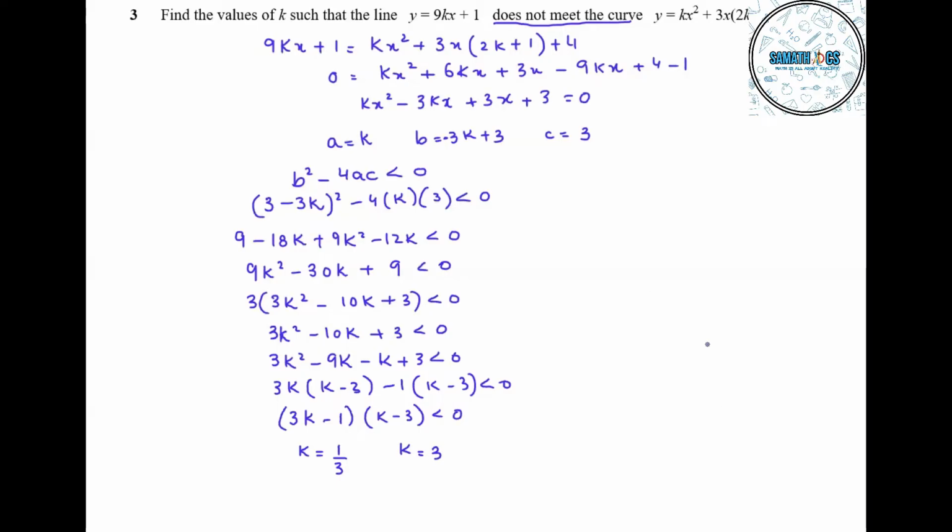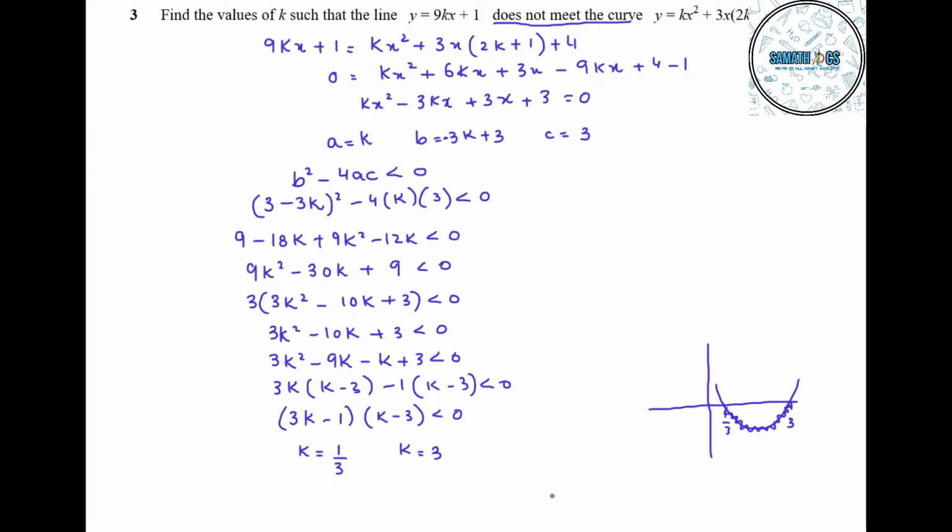And if we draw a graph for this, we'll have 1 upon 3 almost over here, and 3 we can take over here. As it is 3k square minus 10k plus 3, the coefficient of k square is positive, so the curve is a minimum curve. So it will be like this. We have to consider the lesser part of the curve, the part below the x-axis, because it is less than 0.